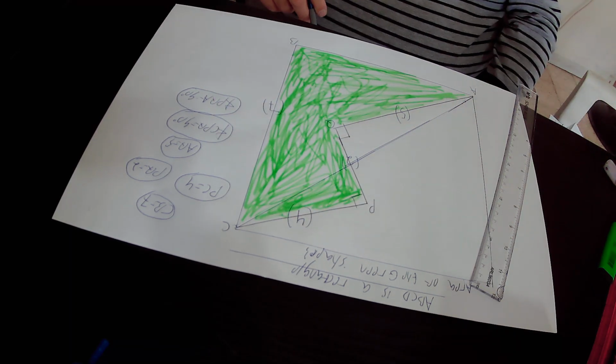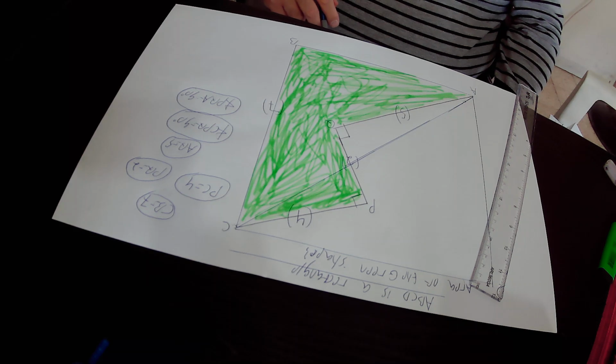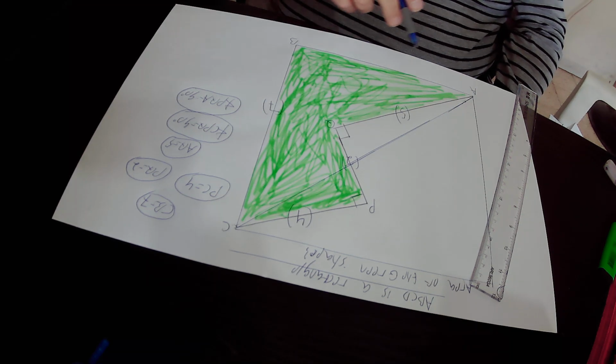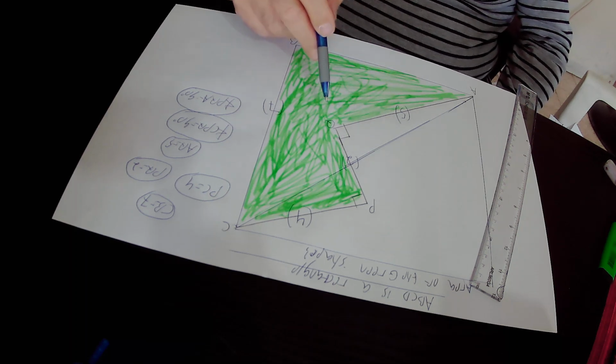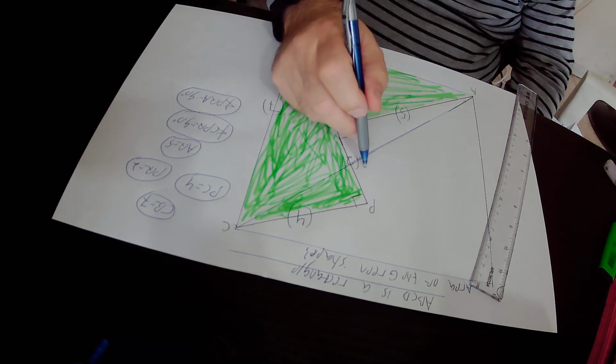And we will define the intersection point of diagonal AC with line segment PQ as point M.